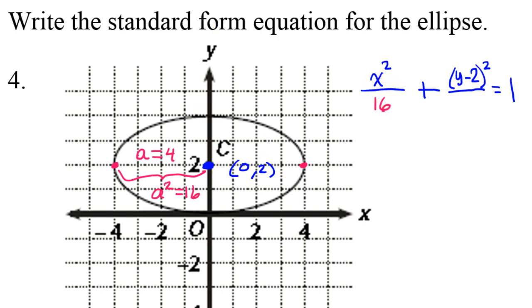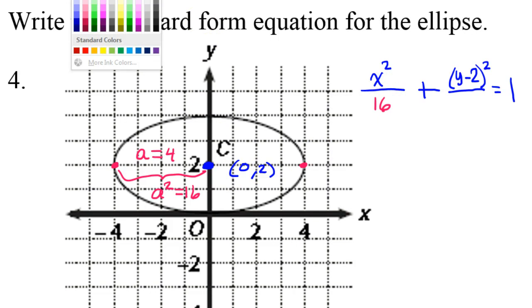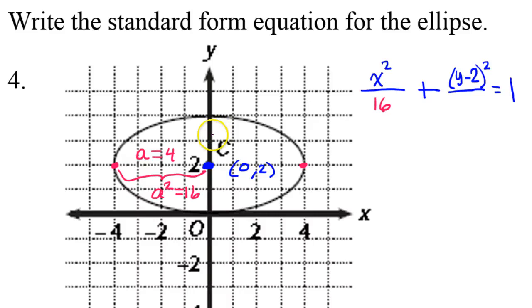Now, the b value, and I'm just going to switch colors a little bit here. The b value is the distance from the center to a co-vertex. So this is my b value right here, and that b value is 2.